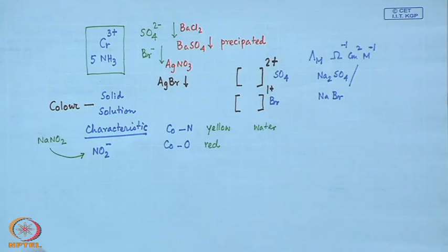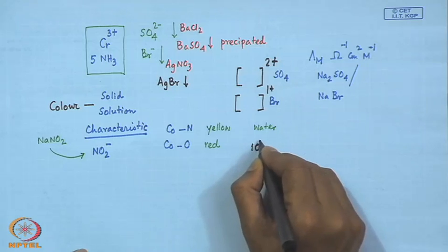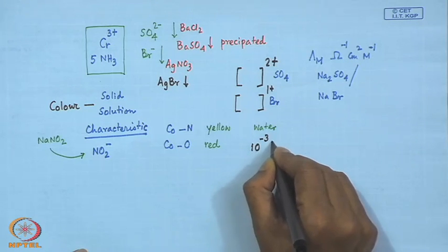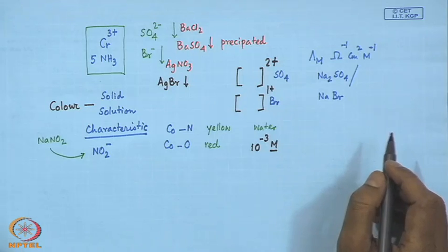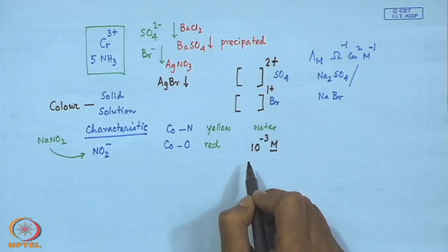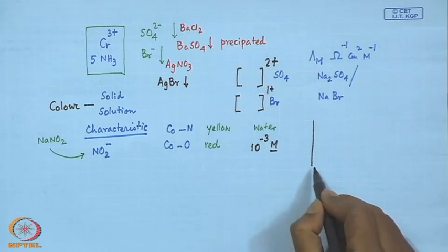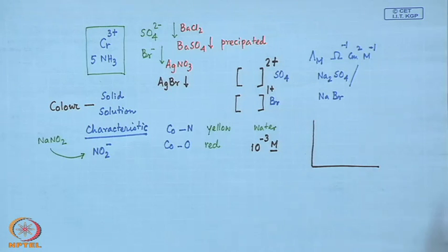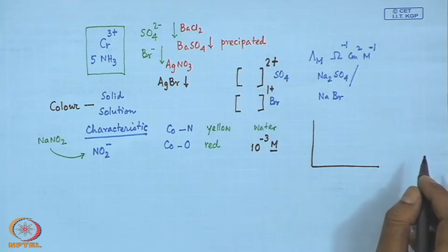So, if we can have the corresponding solution in water, and if we are able to make a solution of say 10 to the power minus 3 molar, that means a millimolar solution of these compounds, then we can monitor the corresponding electronic absorption, that we will talk about in detail afterwards when we talk about the spectroscopy of these compounds.